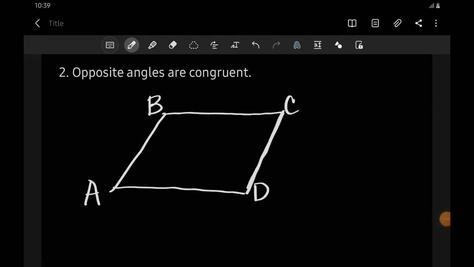Second property is opposite angles are congruent. Here, we are talking about angles.